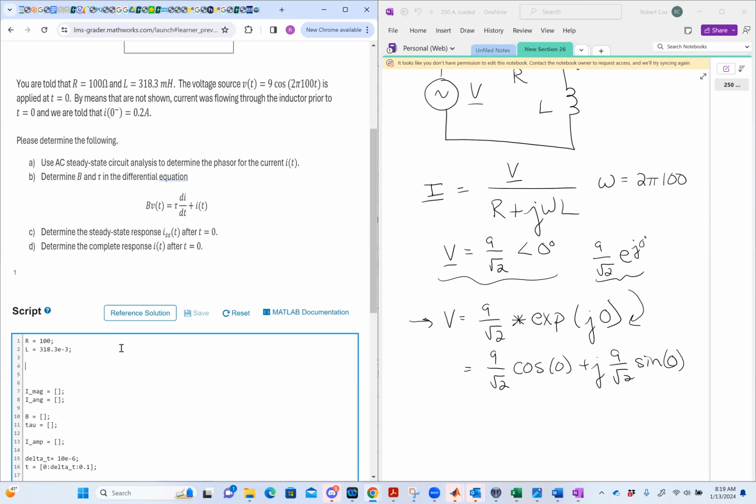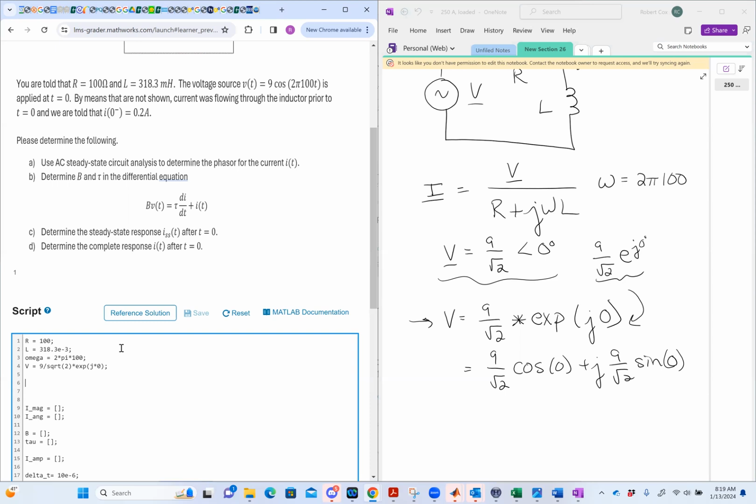Okay. And then I can say omega equals 2 times pi times 100. Okay? And then V, that vector, is 9 divided by the square root of 2. I don't even really have to do it, but I'll just do exponential times j0. Okay.